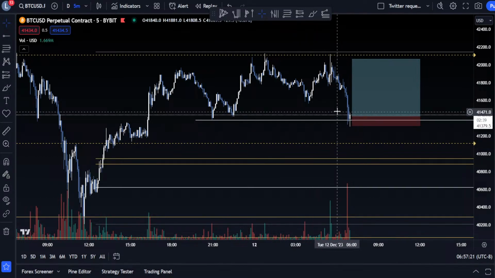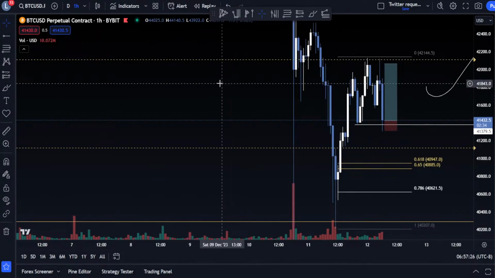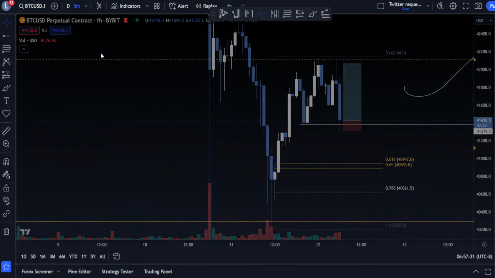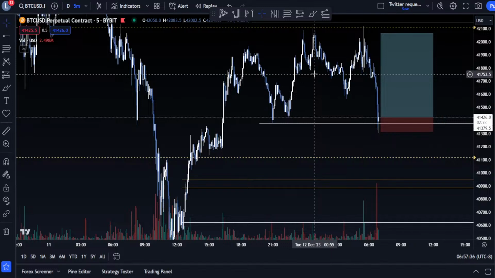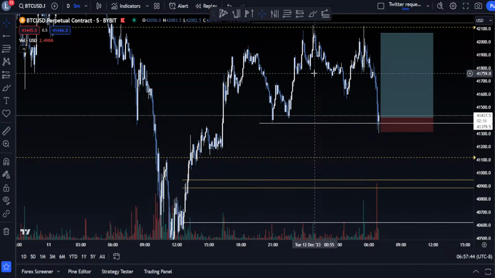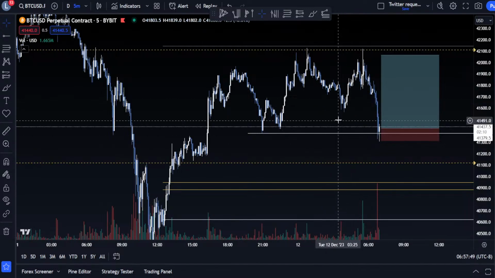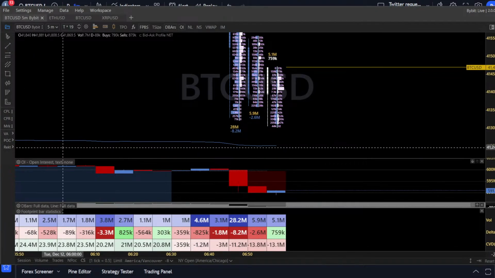I don't know. It looks like we might hold this level into the 1 hour open. Price certainly wants to attempt to hold it. 8.2, 2.6.